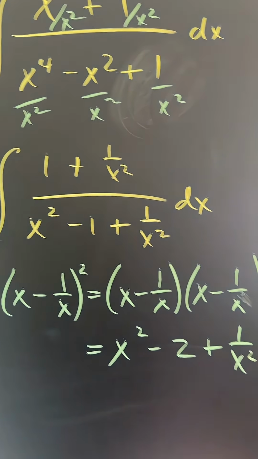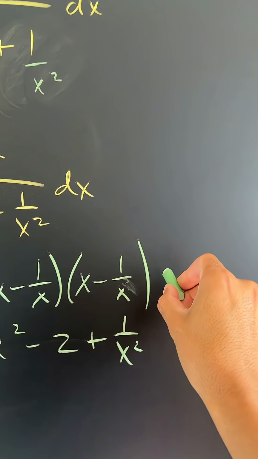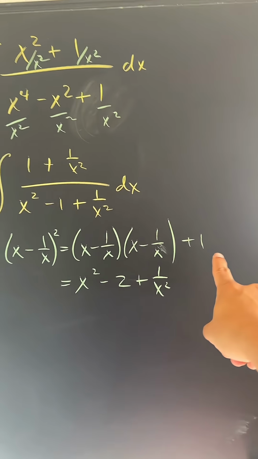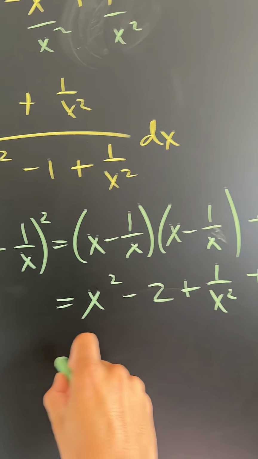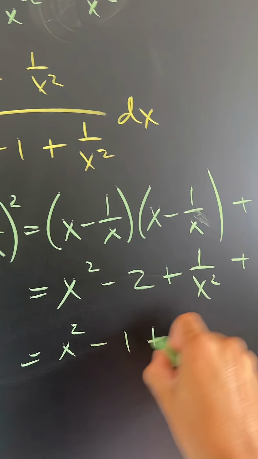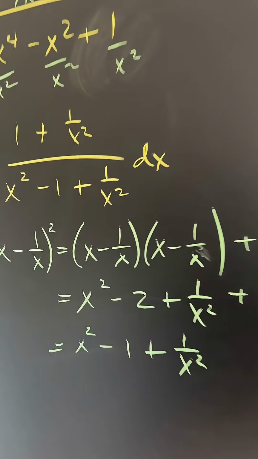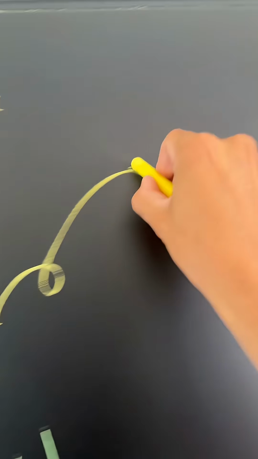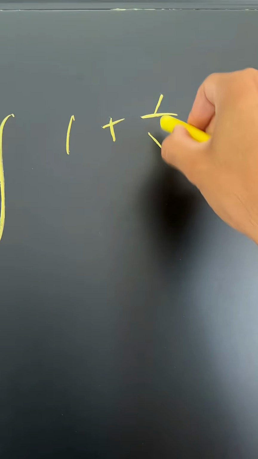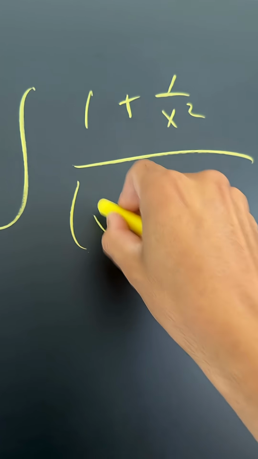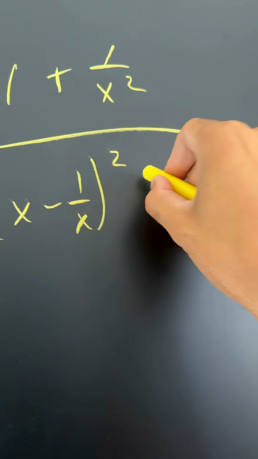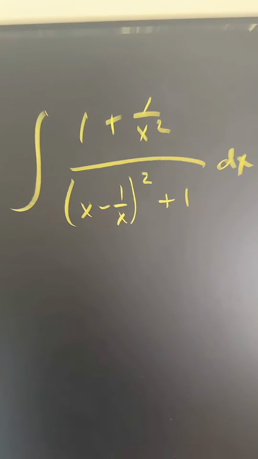We have a negative 2, so basically what we're gonna do is just add a 1 on the outside, because when you add a 1 here, this becomes x squared minus 1 plus 1 over x squared, and that's exactly what we have on the bottom. So hopefully you're convinced that this will become (1 plus 1 over x squared) over (x minus 1 over x) squared plus 1, with respect to x.